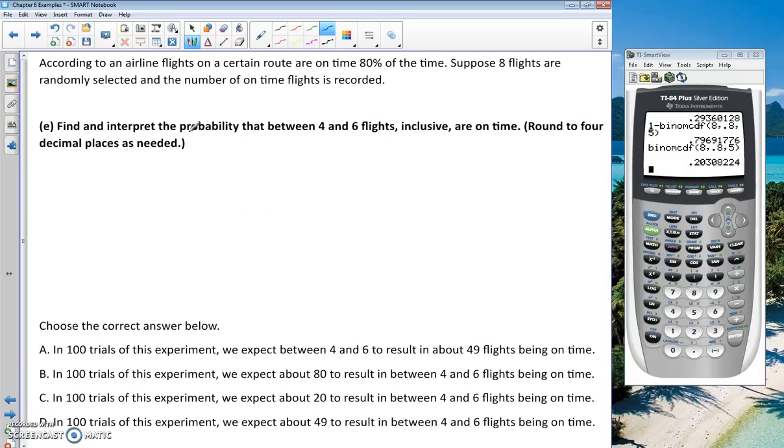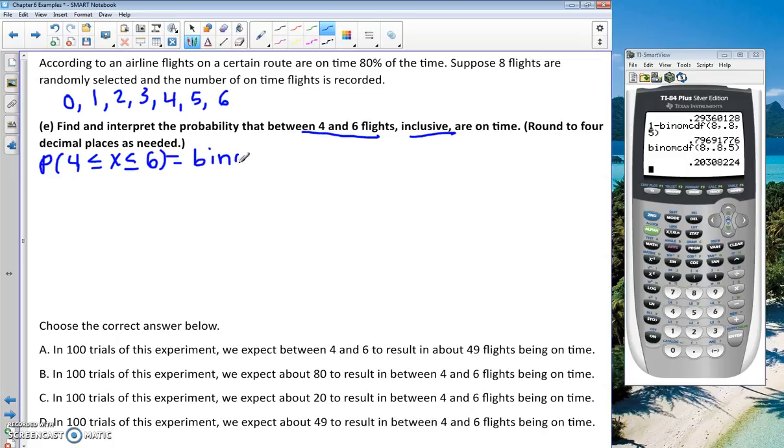So we want to find and interpret the probability that between 4 and 6 flights, inclusive, meaning we're including those values, are on time. We're looking for the probability that x is between 4 and 6. A little bit tricky here. If we think about this, we can use CDF twice. If I use CDF with 6, that's going to calculate all these values all the way up to 6.